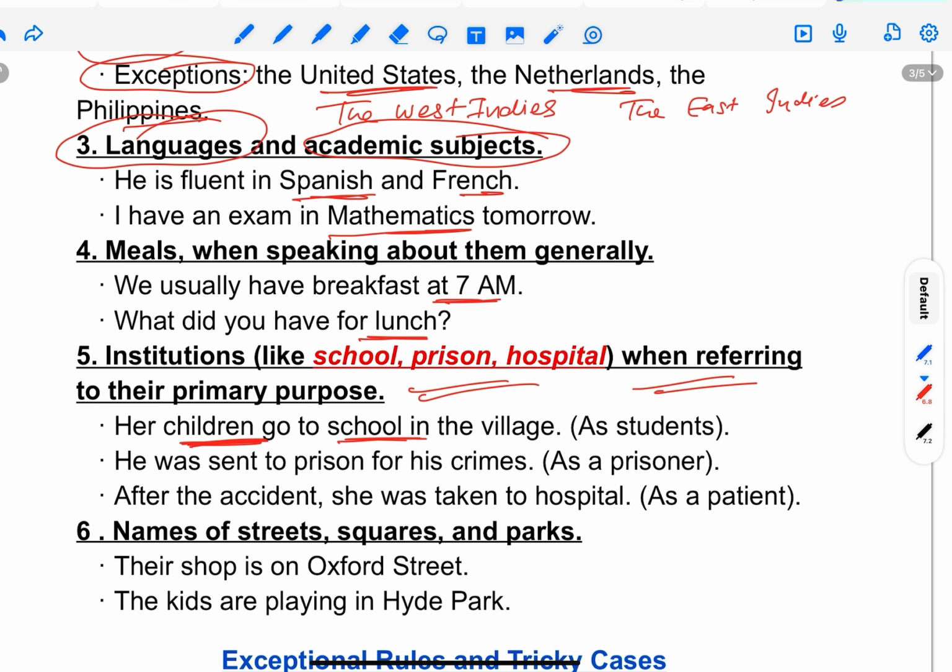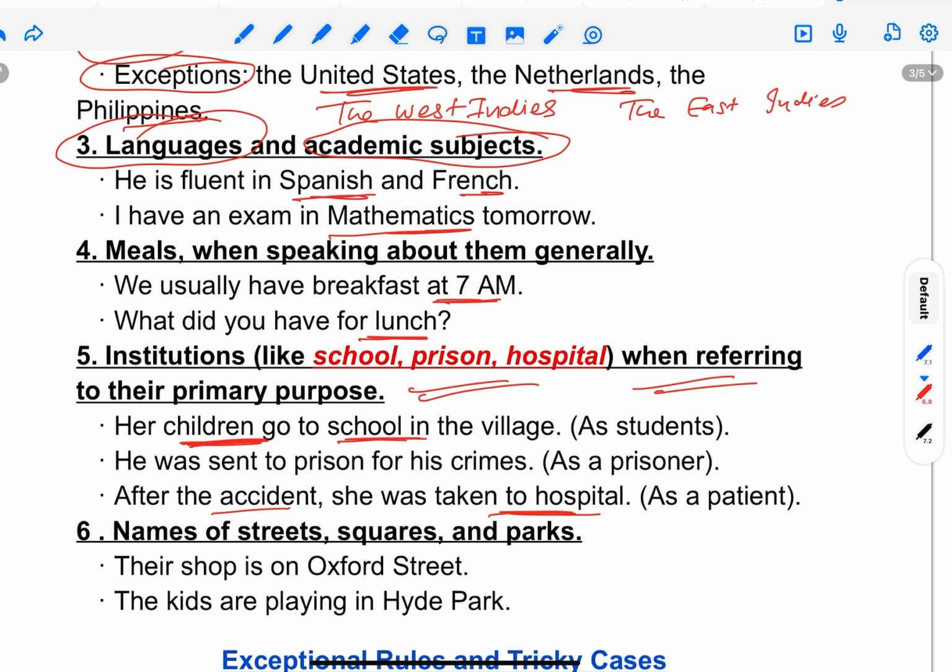But as a parent, when somebody goes to the school, in that situation we will use the article "the". For example, "After the accident, she was taken to hospital." Patients are sent to hospital. But if someone goes to visit the hospital, then in such a situation the article will be used.